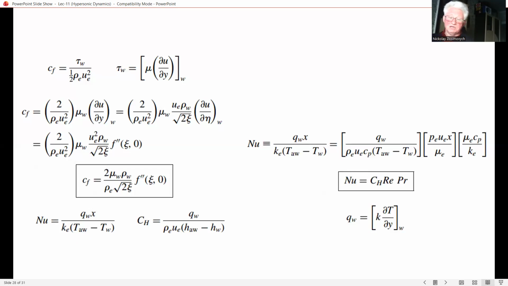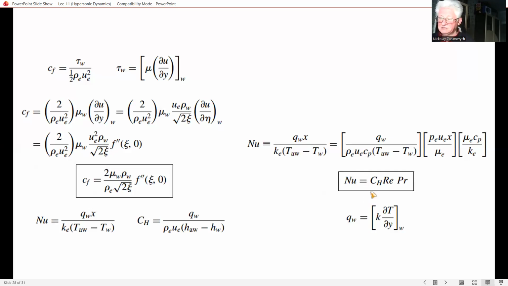So from the definition, and noting that enthalpy equals Cp times T for a calorically perfect gas, we may represent Nusselt in this expression on the right side. Or after simplification, Nusselt will be Ch times Reynolds times Prandtl. Remember, Ch is the Stanton number.